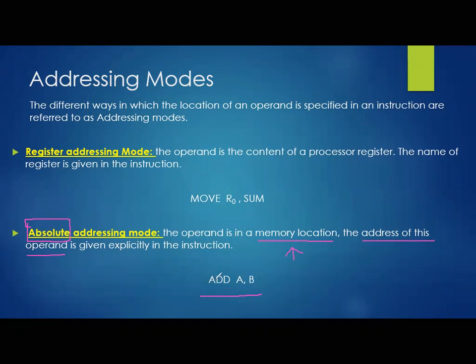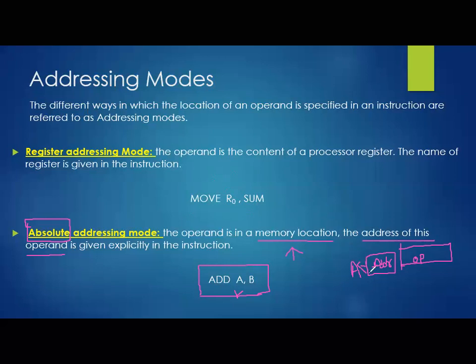So here in our example, we have A comma B. What does this A stand for? Remember, A is always a label of one particular memory location, which is holding some operand. So this is the operand, and this is the address. For this address, we are naming it A, a label.